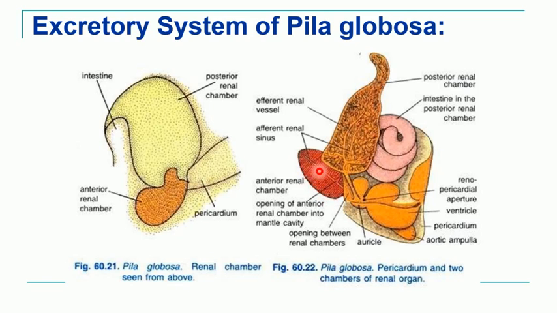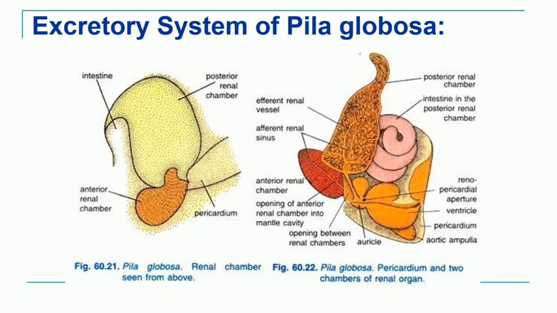If we see the position of the anterior renal chamber, on one side you have the mantle cavity situated here, and on the other side you have the pericardium. On the other hand, for the posterior renal chamber, on one side you have the coil of the intestine, which is part of the digestive system.